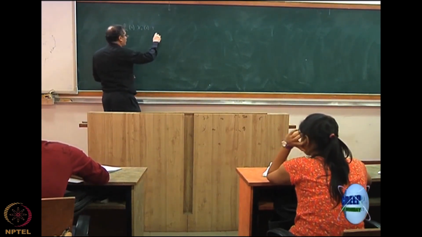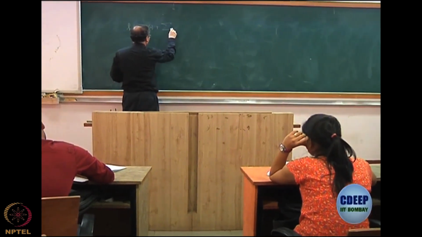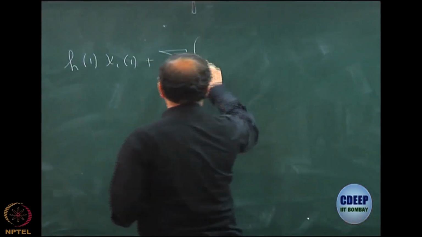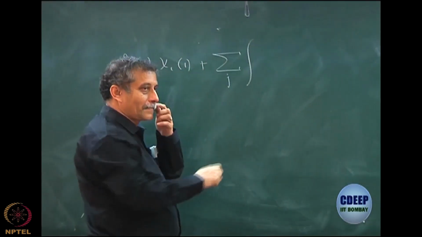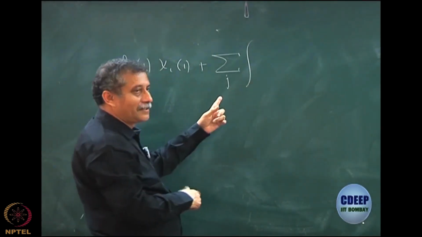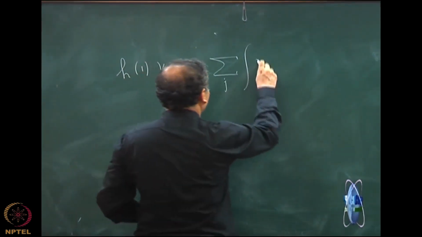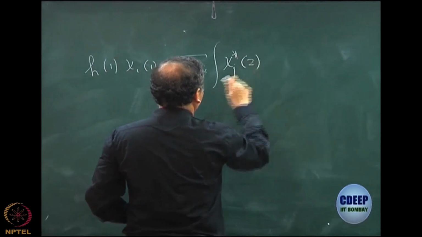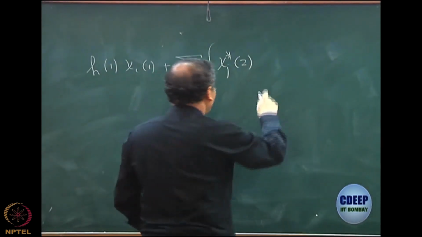Then what is the next term? Sum over j integral chi j star, and the coordinate 2. Then 1 by R12.